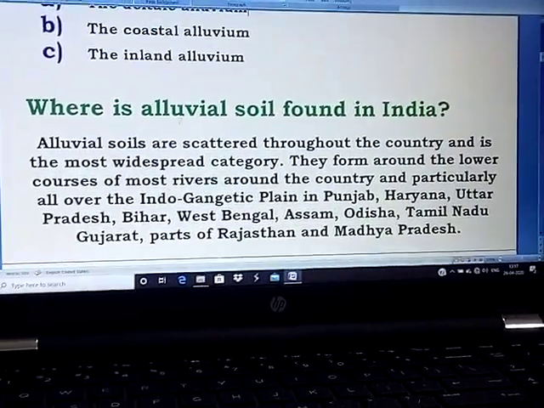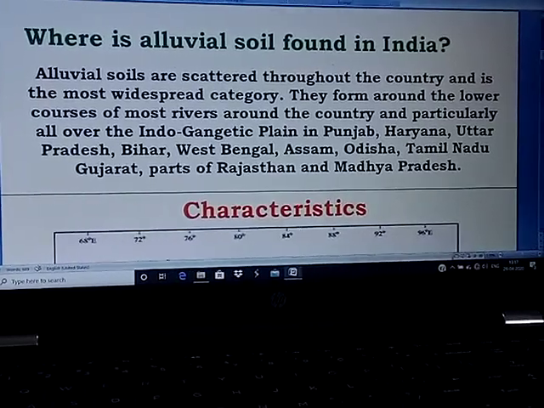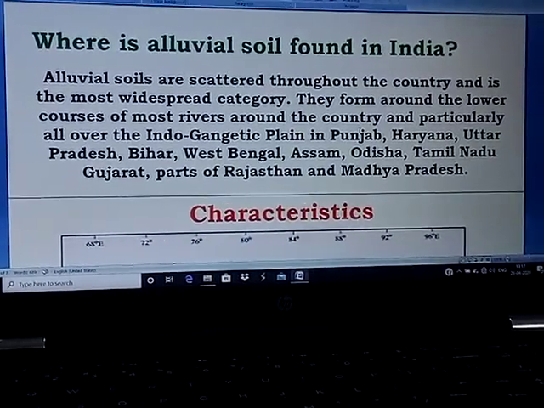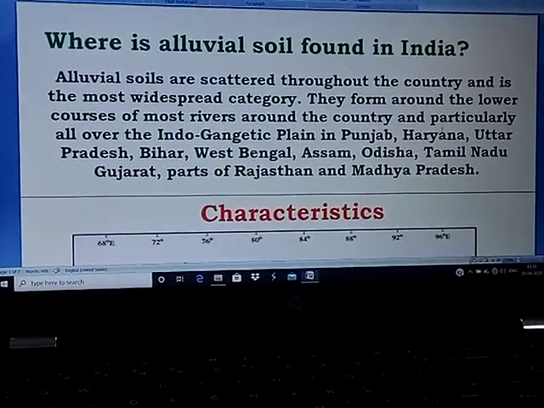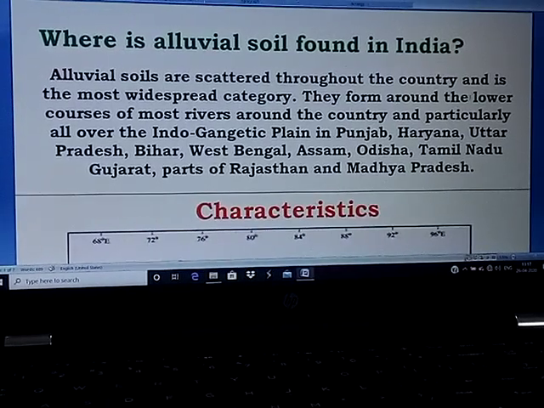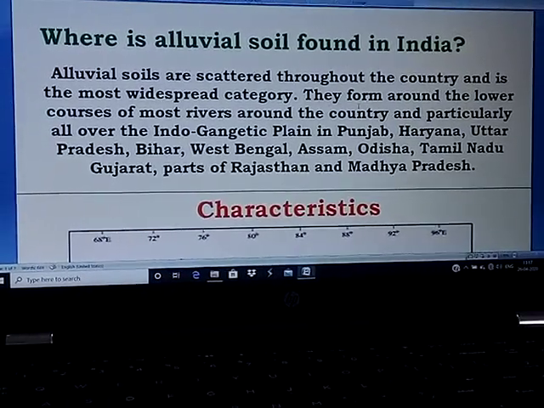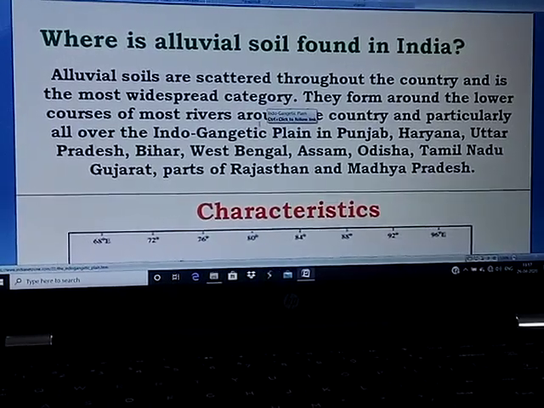Where is the alluvial soil normally found in India? Which part? Well, alluvial soils are scattered throughout the country and are our most widespread category. This is the highest amount of soil that we can find in India. They form around the lower courses of most of the rivers around the country.